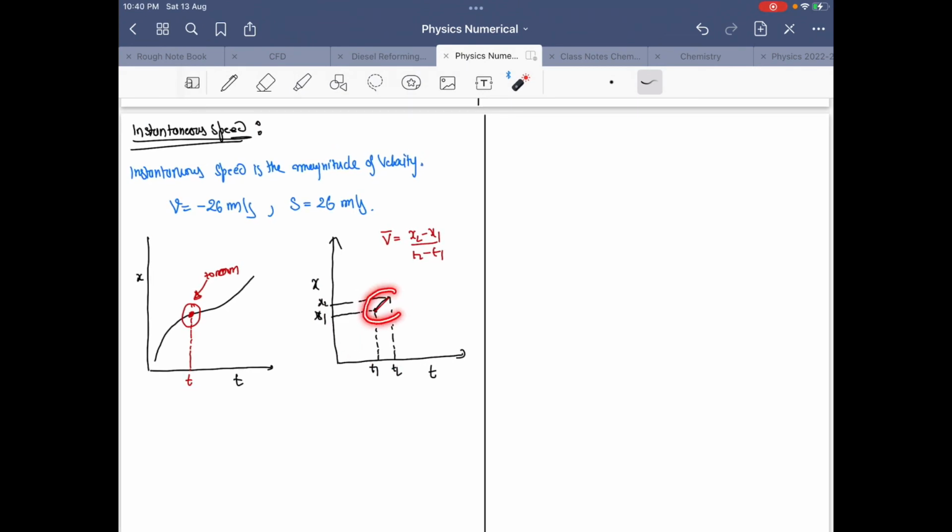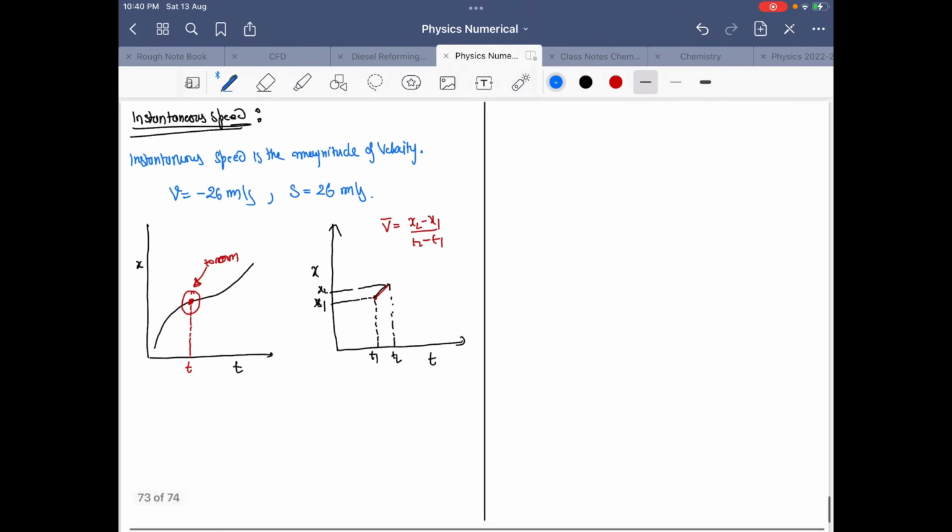Now I will zoom in on this part further. You have a point at time t1 and a second point at time t2. If you connect a line between these 2 points, this will give you the slope, where this is x2 and this is x1.